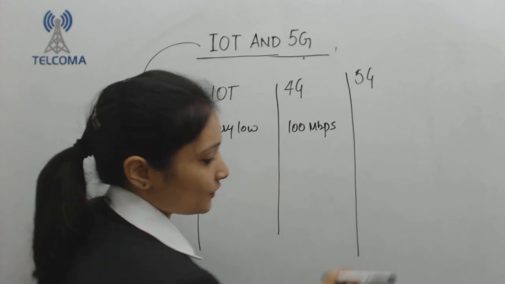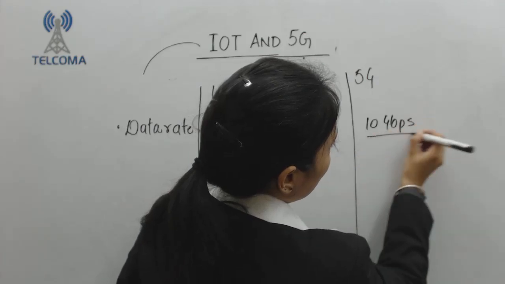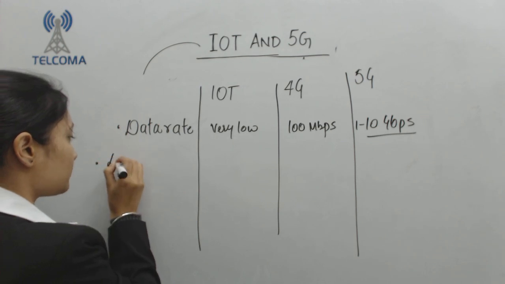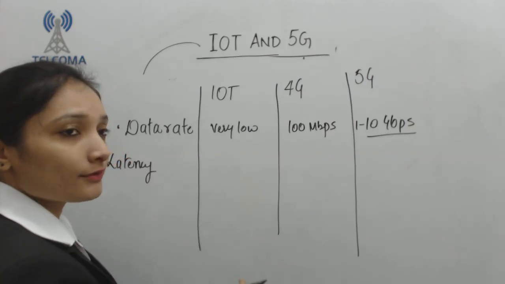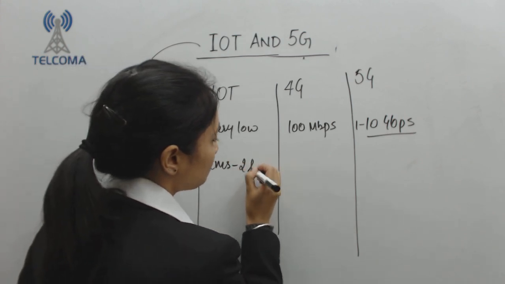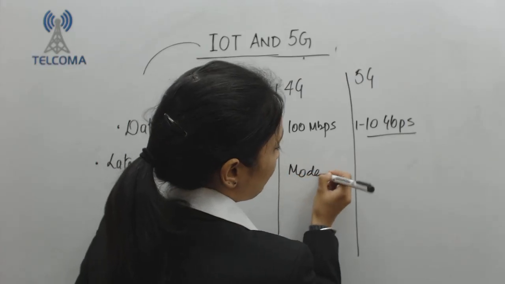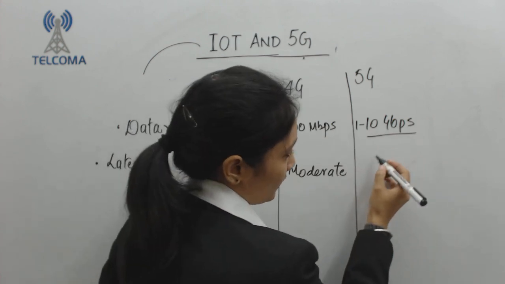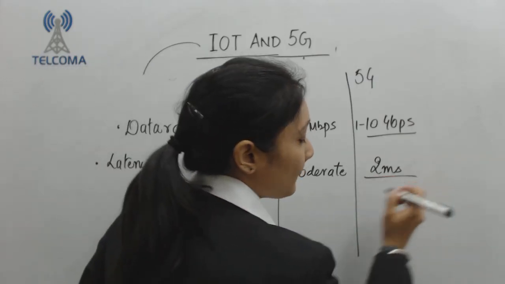For your fifth generation, it's 1 to 10 Gbps. Another key factor is latency. For your Internet of Things, from 2 milliseconds to 2 hours. Now, for 4G devices, this latency rate is moderate, but for your fifth generation of cellular technology, very low latency rate, only 2 milliseconds.